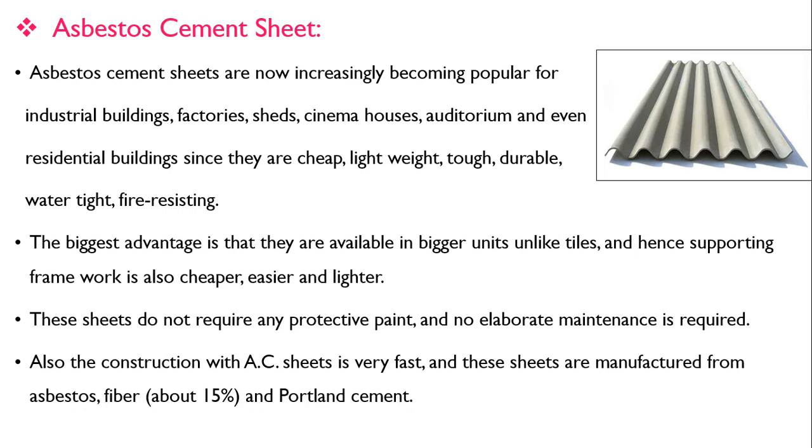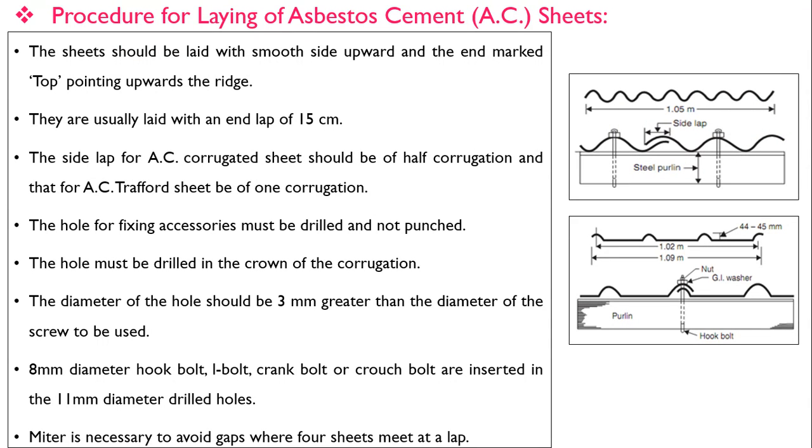These sheets are manufactured from asbestos fiber 85% and Portland cement 15%. Now this is all about asbestos cement sheet.